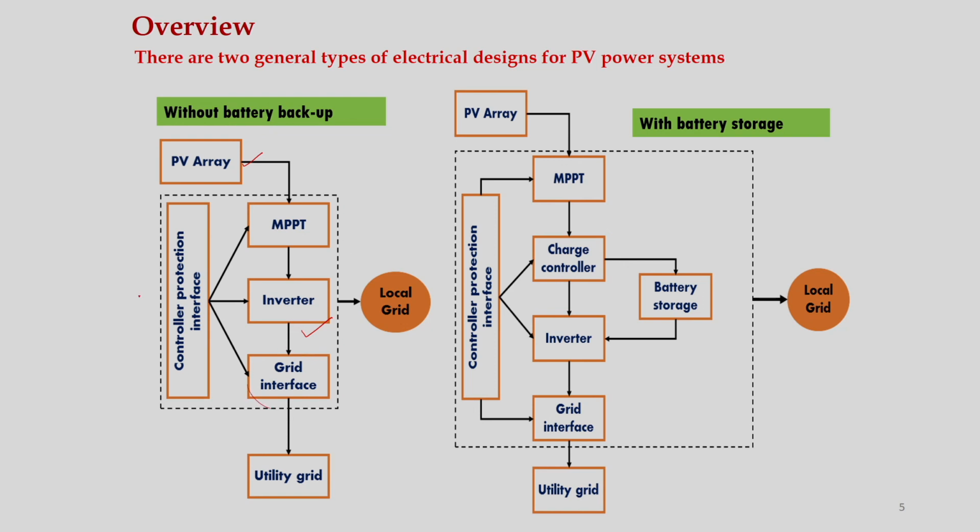If we are done with this, then we can give this power to the local grid or to the utility grid. Similarly, the same thing happens with a battery backup, only here there is one storage system. Energy can be stored whenever required and delivered as per the requirement.